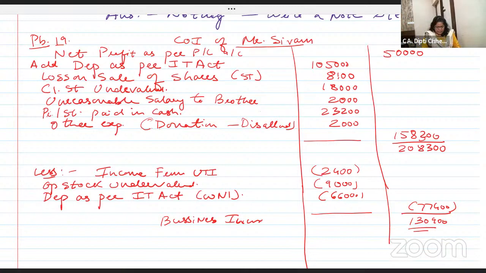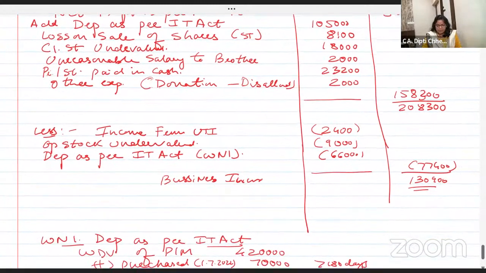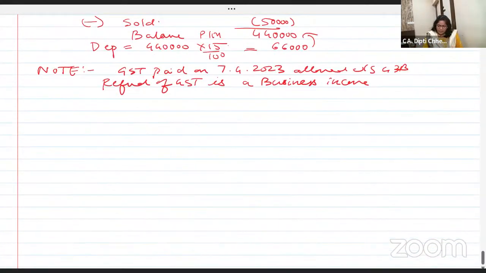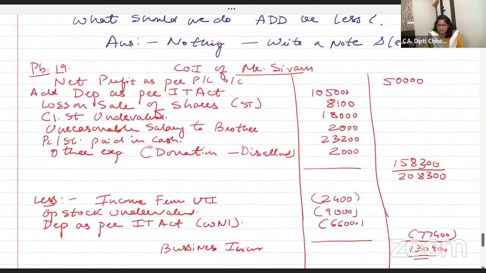Okay, right. So you got the correct business income. Closing stock wala, it was really very nice, the closing stock and all the adjustment. Right. And note you can write like this in brief. Clear? Yeah.